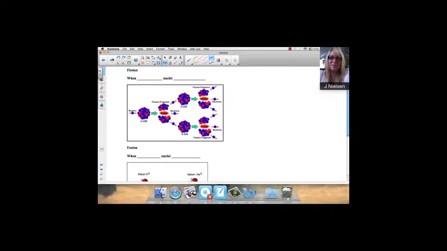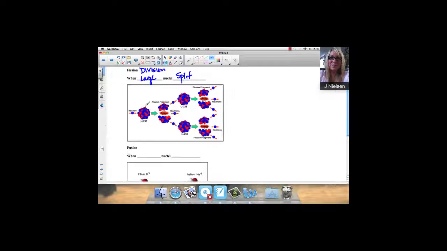Okay, so let's talk about nuclear fission really straight from Gen Chem, fission, division. When large nuclei split or divide. So you've got uranium-238, which is pretty big.